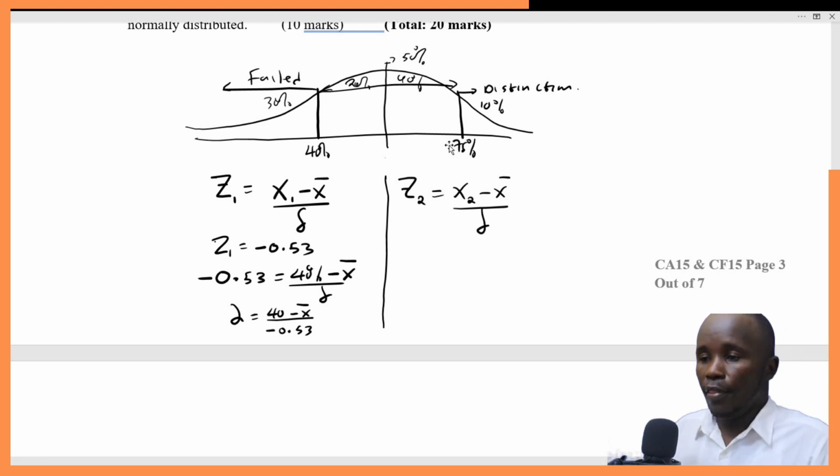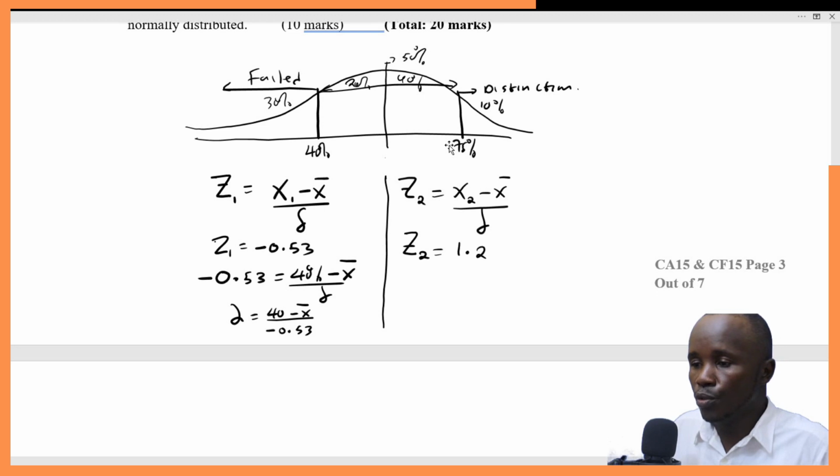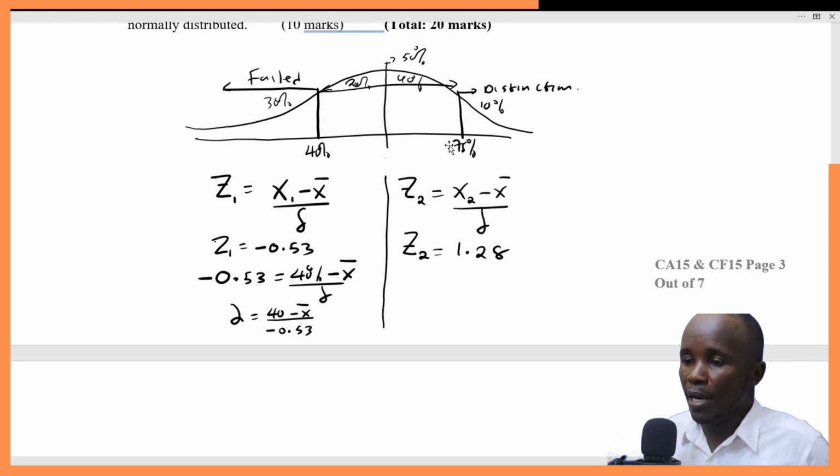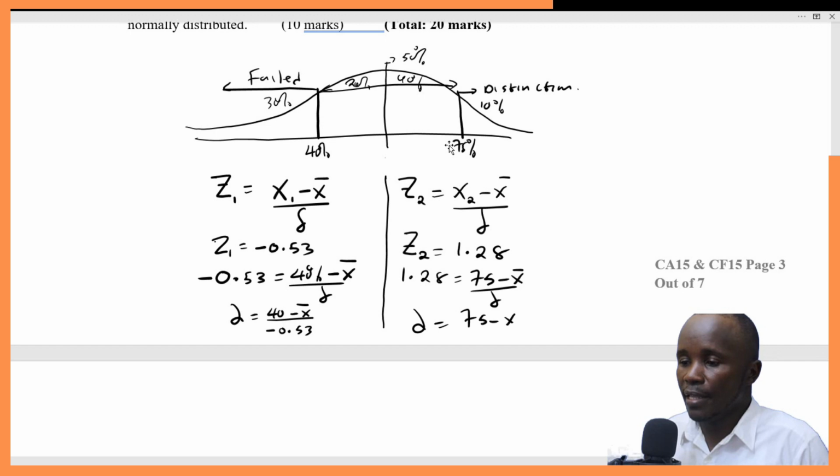When you use your table, you find that Z equals 1.28. It therefore implies 1.28 equals 75 minus the mean divided by standard deviation, and standard deviation is 75 minus the mean divided by 1.28.